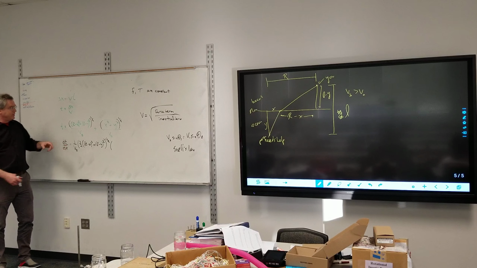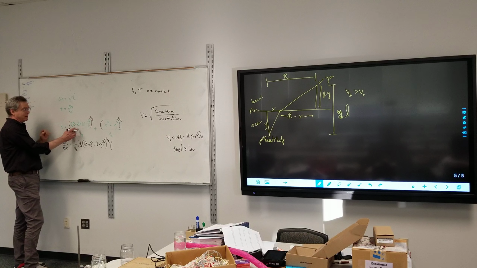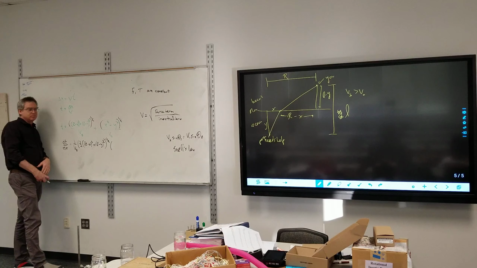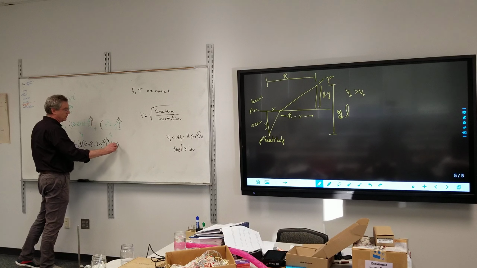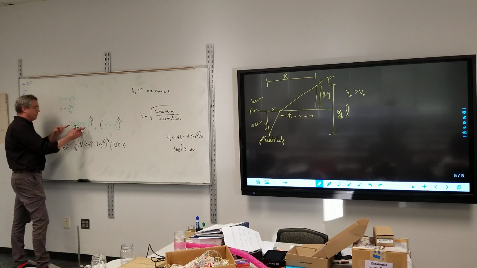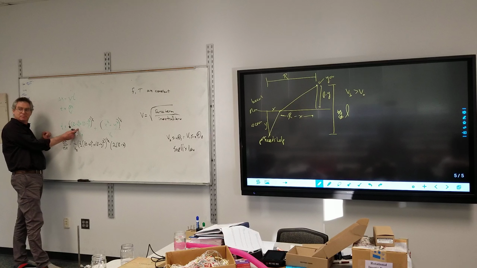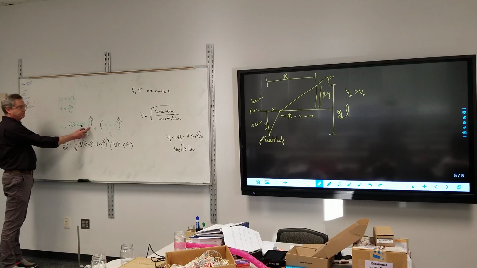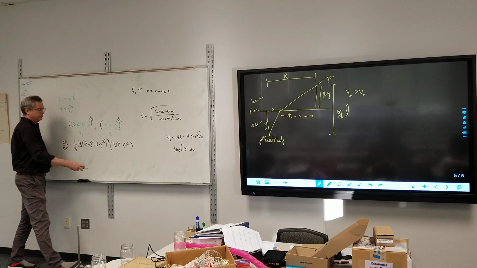All right, so we did the big thing. Now we work our way inside. So what's the derivative of this? 2(r minus x), times the negative 1. And then this drops out because it's constant.